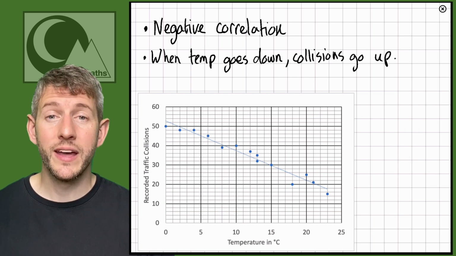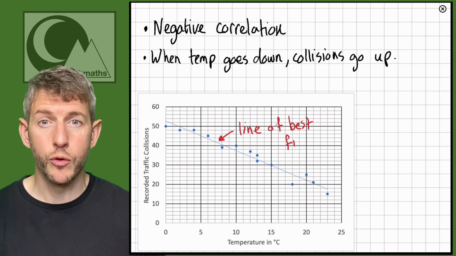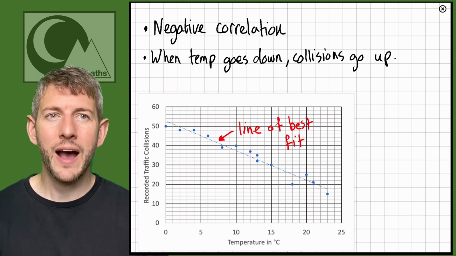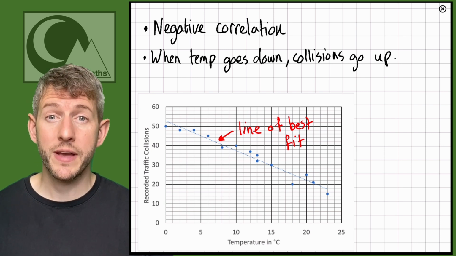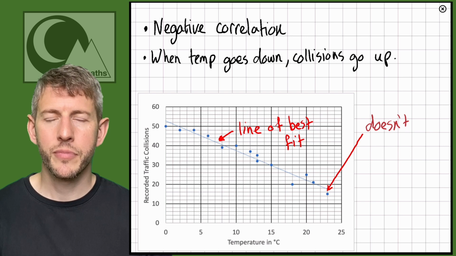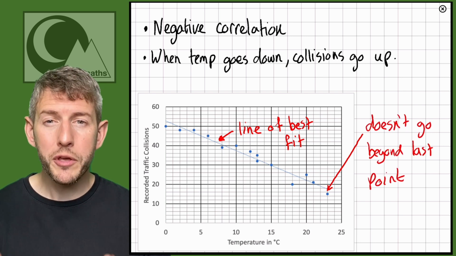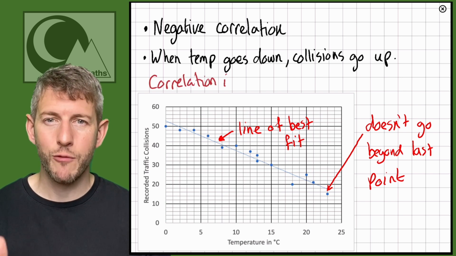And what we can see on this graph is that there has been a line drawn through the data. It's worth noting that this line, which we call the line of best fit, only goes through the data that we've been given, because we can't actually talk about any of the data outside of that range.